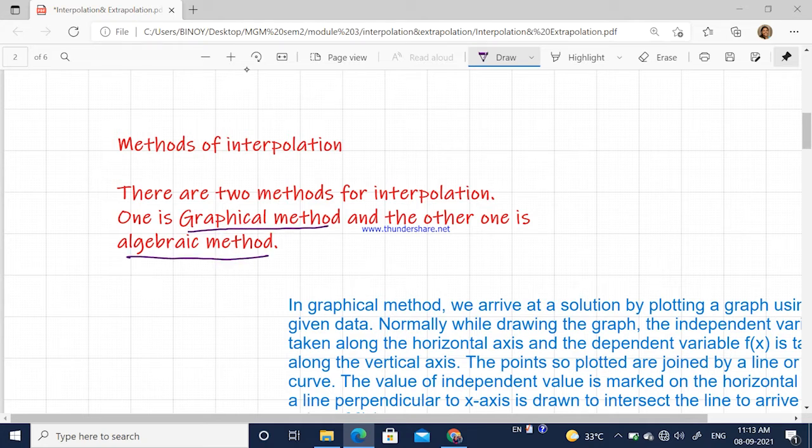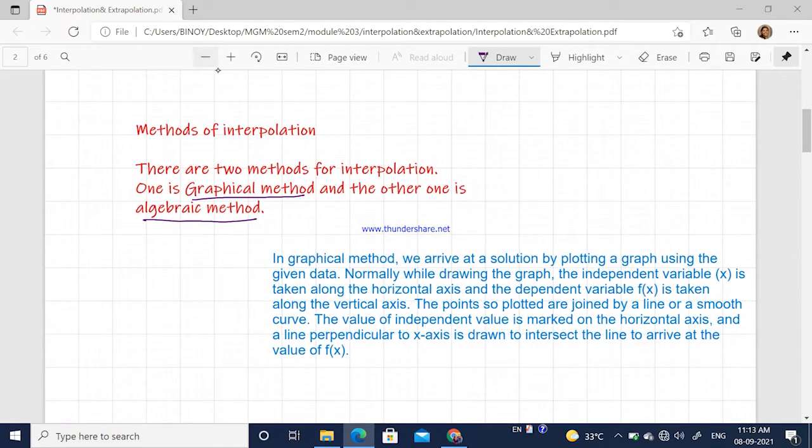In the graphical method you need to take care of these two things. We arrive at a solution by plotting a graph using the data given.